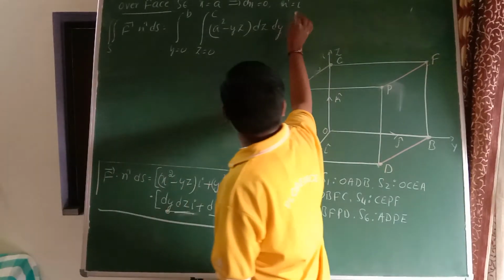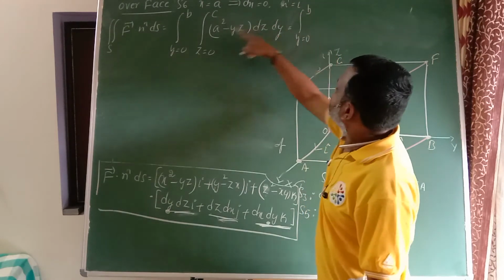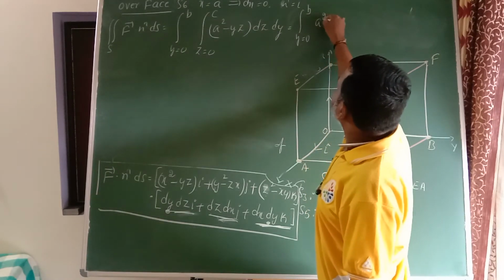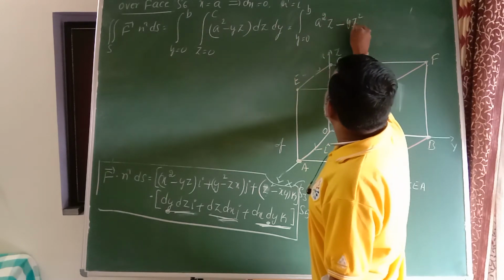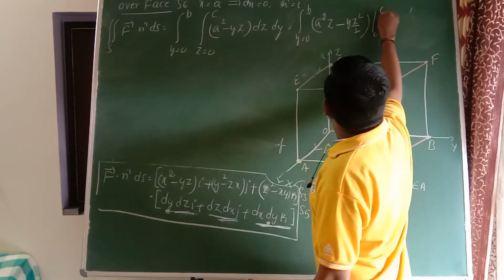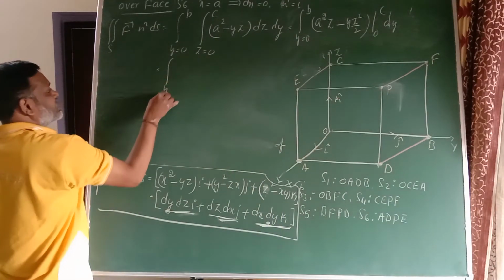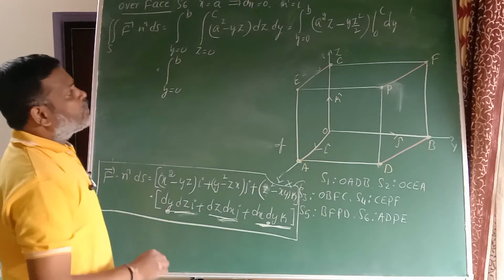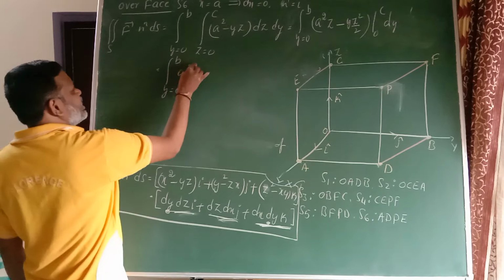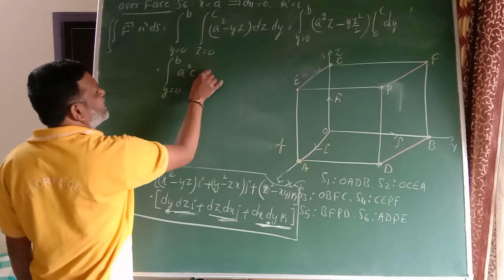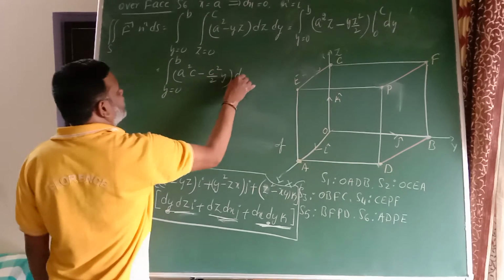Let us integrate first with respect to z. So therefore y is equal to 0 to b. Now a square with respect to z, a square z minus y into z square by 2 from 0 to c into dy remaining. Okay, let us find out. So y is equal to 0 to b. Apply the upper limit. Lower limit is 0, no need to apply that. So a square c minus, with z as c, c square by 2 into y into dy.